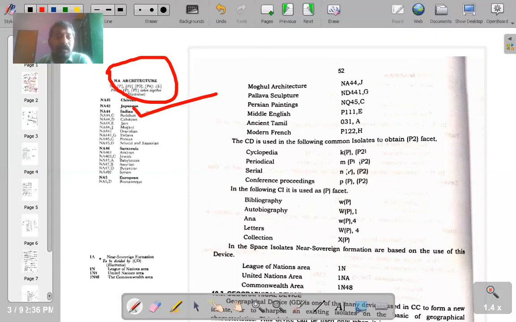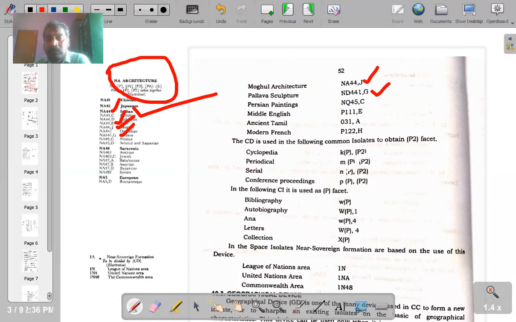But if you want Buddhist architecture, this is NA 44, C. Jain architecture, E. Mughal architecture, 44J. Pallavas, G. Where have the C, D, E, J, G all these things come from?